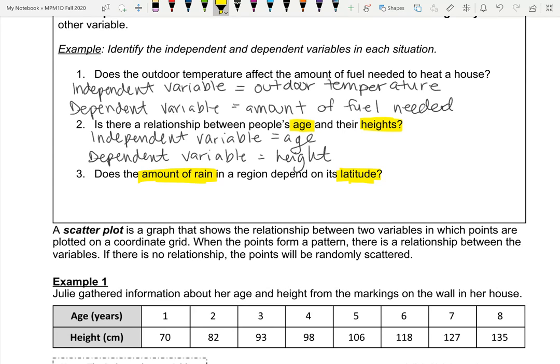Where exactly do you live on Earth? Different parts of the world receive more rain than other parts. That's why we have rainforests and deserts. Now, depending where you live will dictate how much rain you get. That'll be your dependent variable. The amount of rain depends on the latitude, where you live.